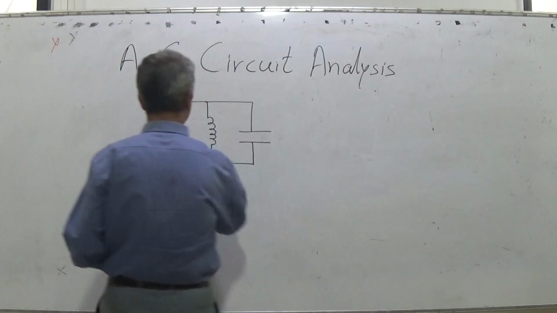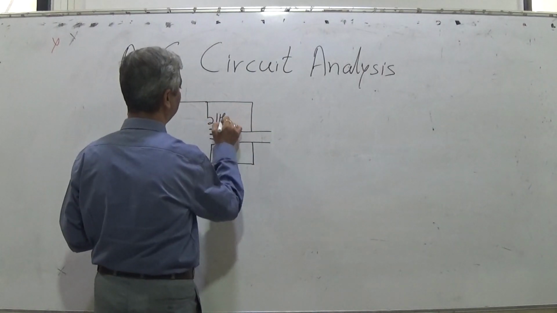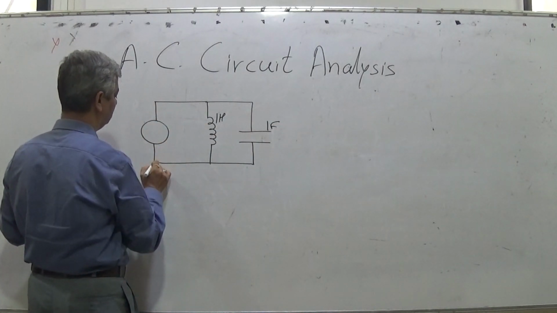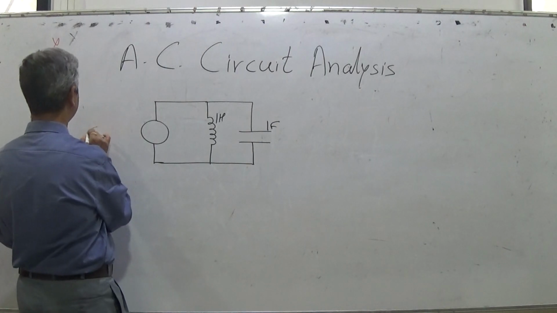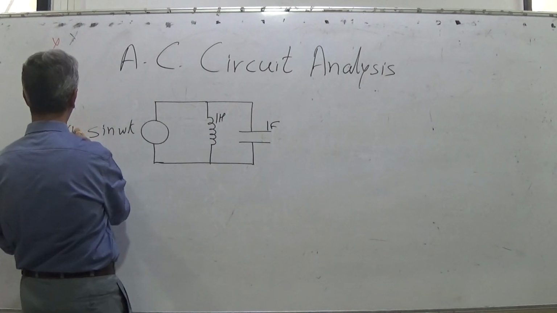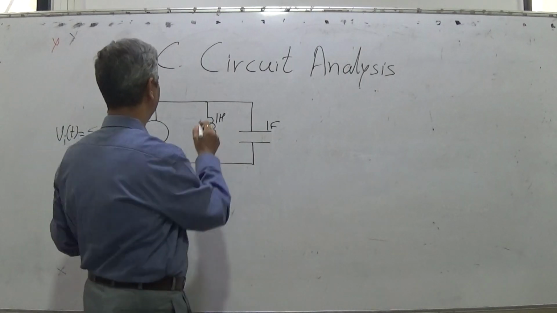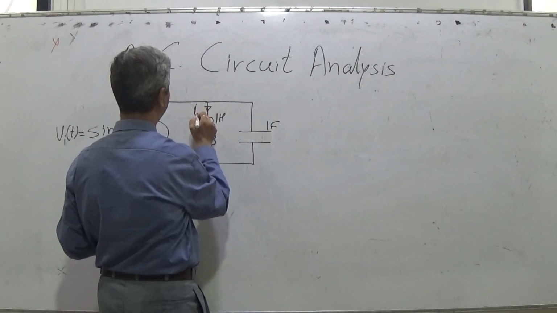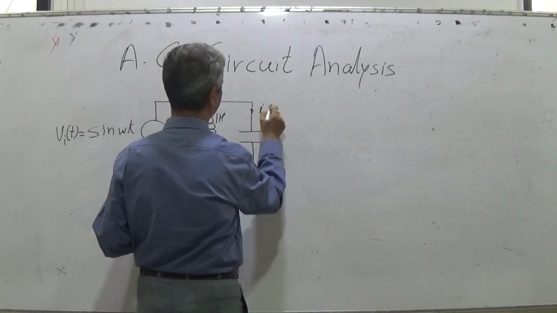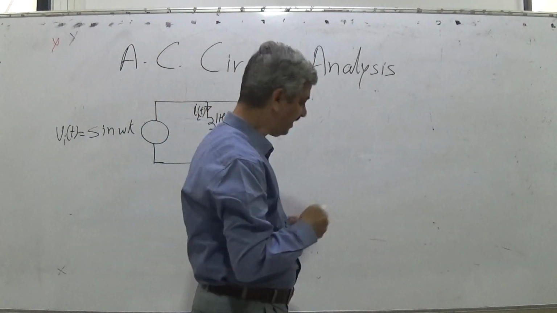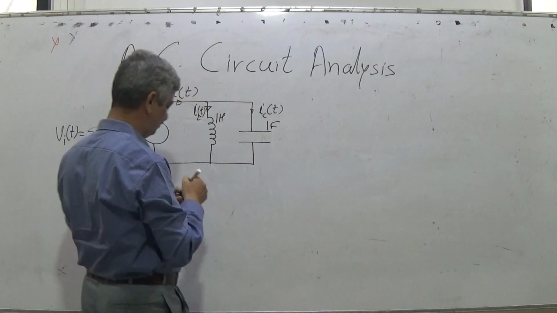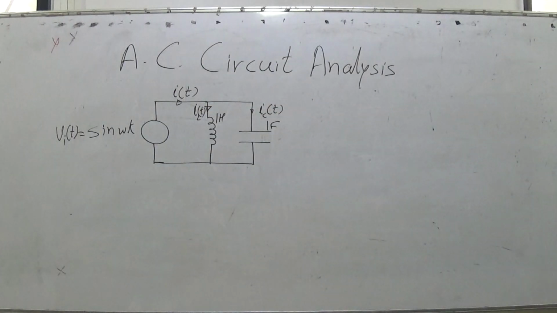So to start with, I take 1 Henry, 1 farad, and I apply again V in(t) equal to sine omega t. The question is, compute I_L(t) and I_C(t), and obviously I(t). Compute I_L(t), I_C(t) and I(t).